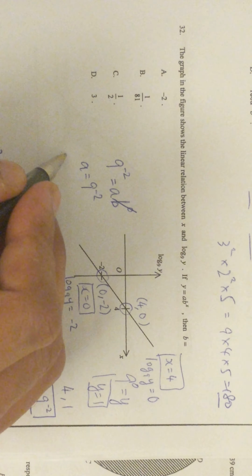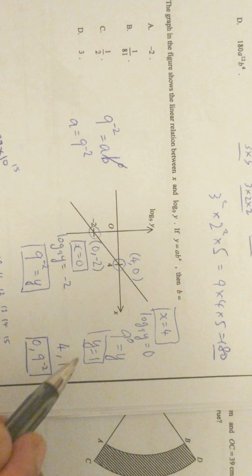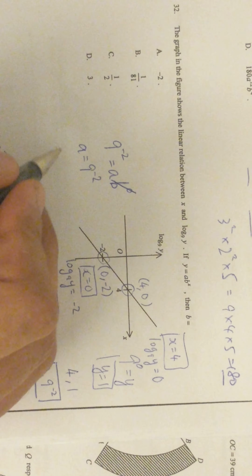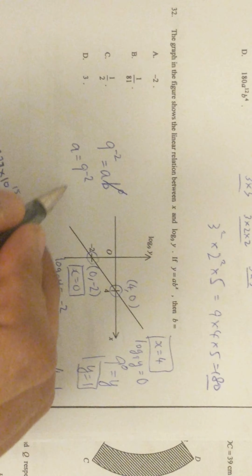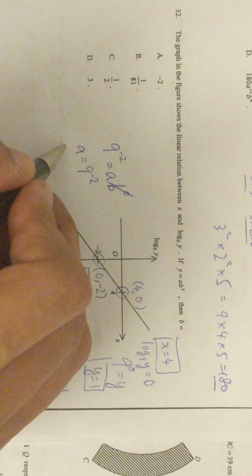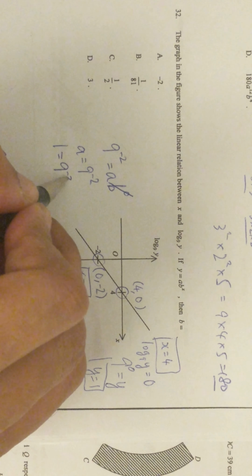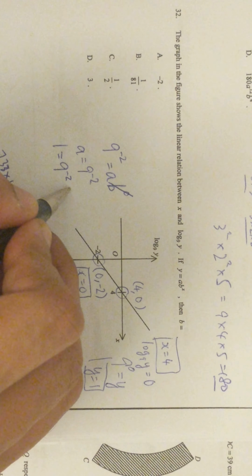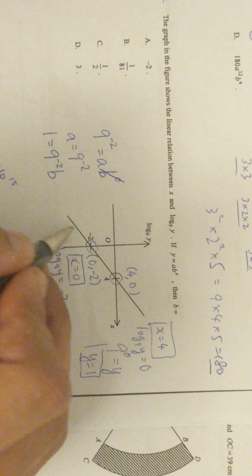And now we're going to take the other set, because now we know a is 9 to the power of negative 2. Going back to the equation, we're going to put these two values in, the 4 and 1. So x is 4, y is 1. So going back into this equation, y is 1, a is 9 to the power negative 2, and b to the power of x, and x is 4.